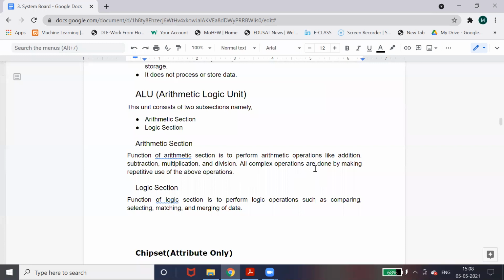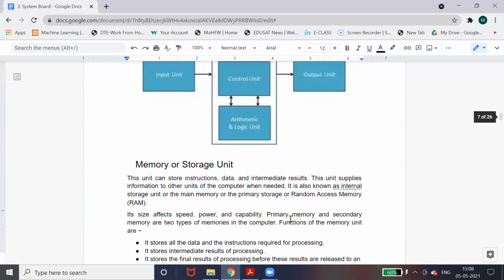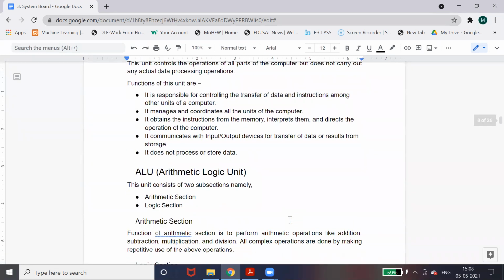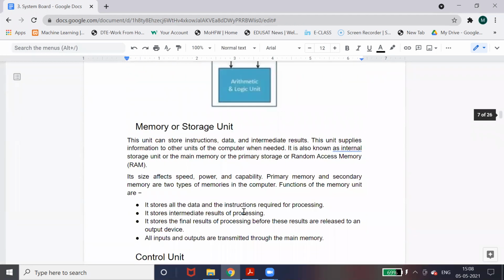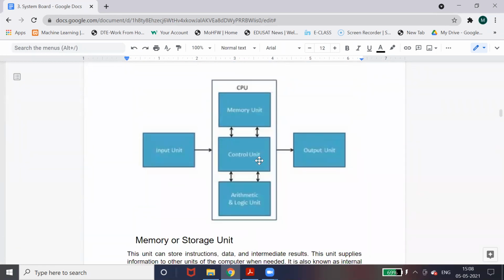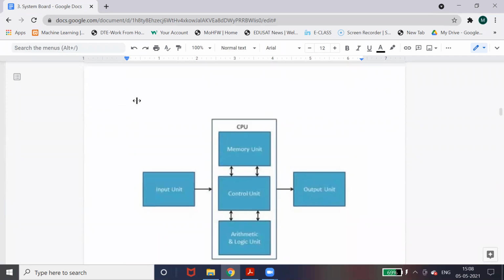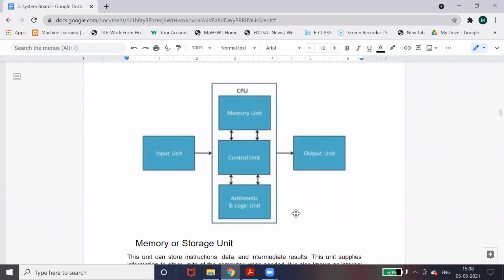Arithmetic does the arithmetic operations such as addition, subtraction, and multiplication, and even some complex mathematical operations. The logic section performs the logical operations such as comparing, selecting, matching, and merging of data. So the arithmetic and logic unit calculates the result and passes it to the control unit, the control unit passes it to memory, and memory passes it to the output unit. In that way, the CPU will work.